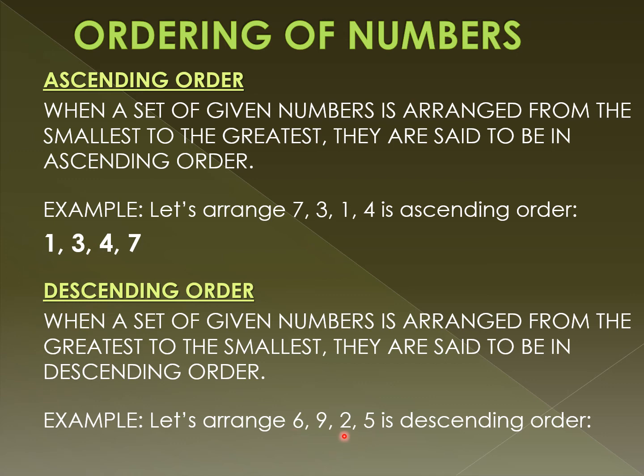And last we have our smallest number which is 2. So these numbers when arranged in descending order are 9, 6, 5, 2. So this is all about ascending and descending order.